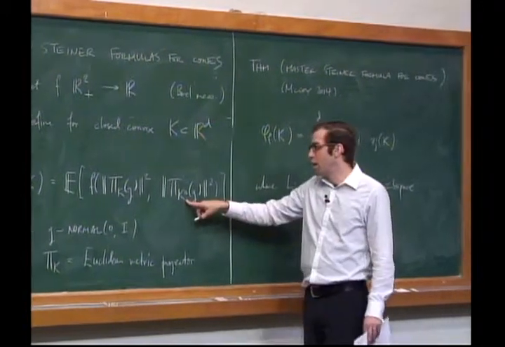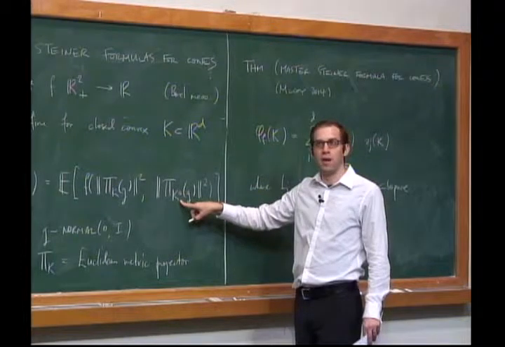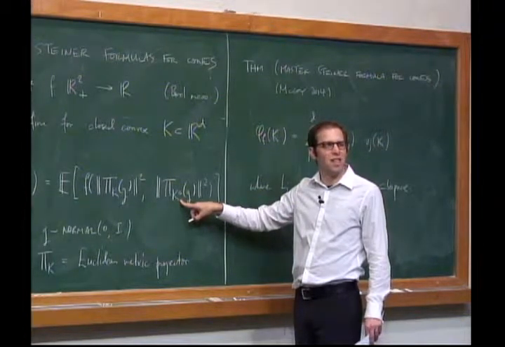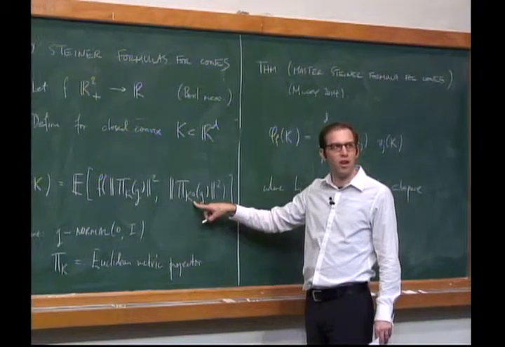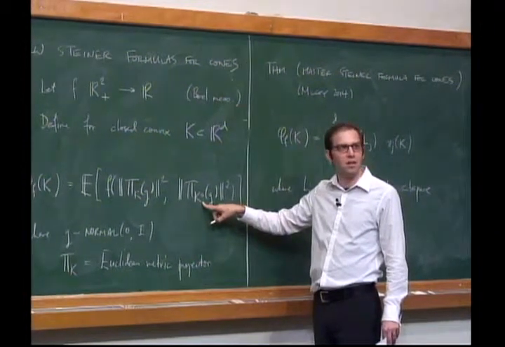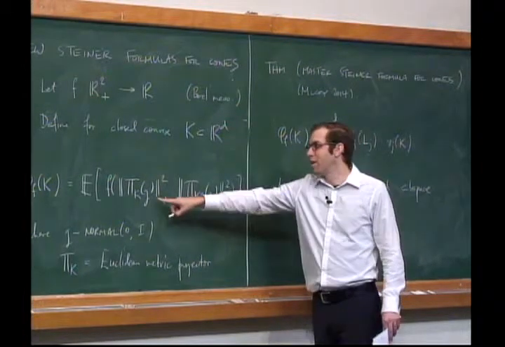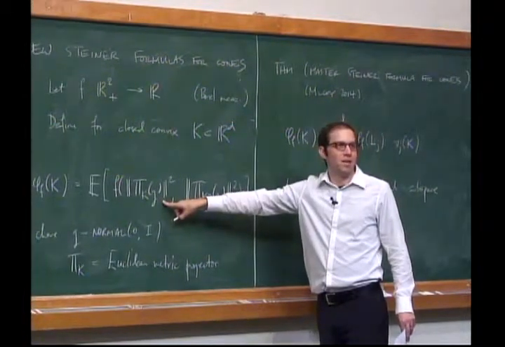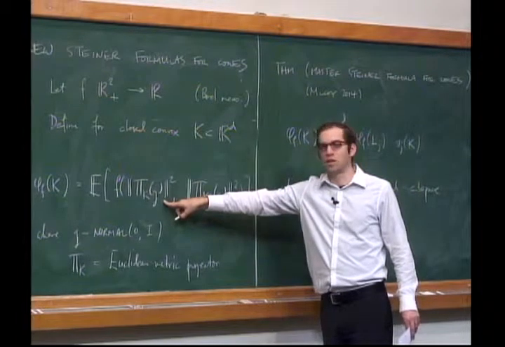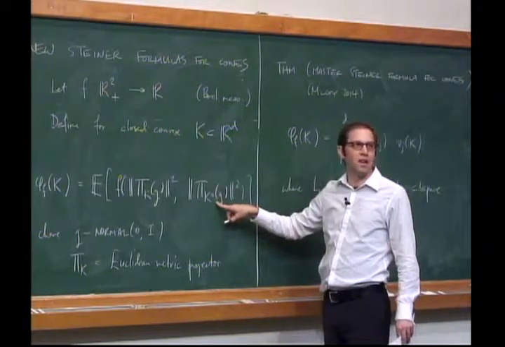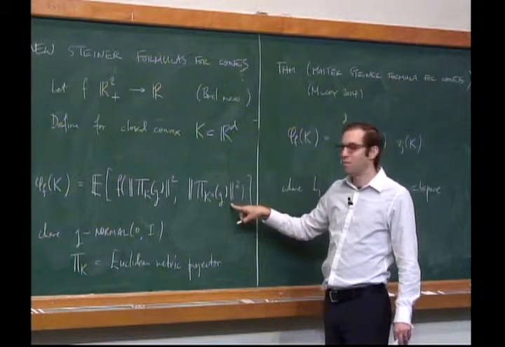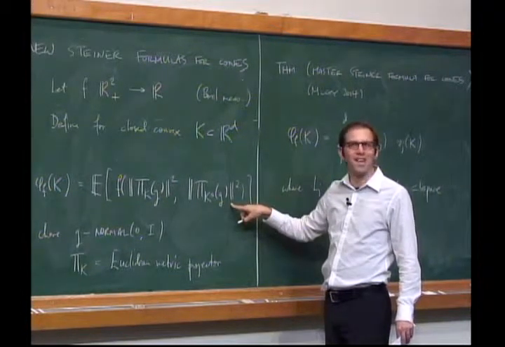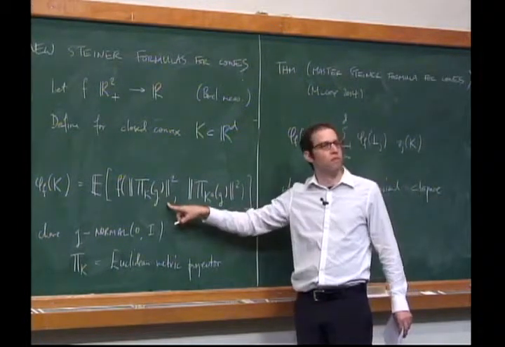Now, the polar of the subspace is the orthogonal complement, so it's got d minus j dimensions. And the projection of the Gaussian onto that orthogonal complement is independent from the Gaussian on the subspace L. So the part of the Gaussian in L and the part of the Gaussian in its orthogonal complement are two independent Gaussians. This guy has squared norm distributed like a chi-square variable with d minus j degrees of freedom, but it's independent from this one.